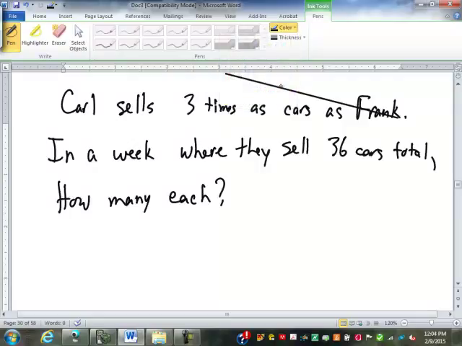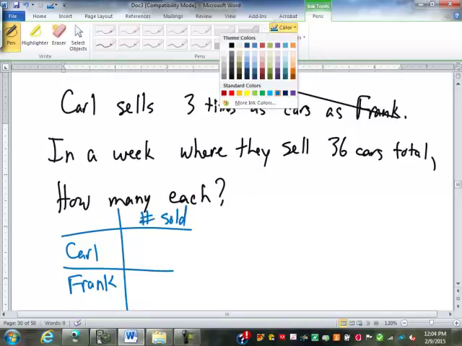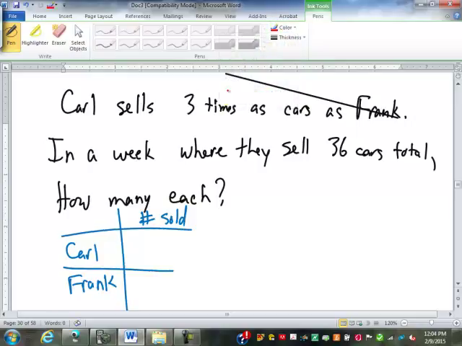So the key to these is defining our variables. We have Carl and we have Frank. And what we're looking for is the number of cars sold. Now there's 2 things we're looking for, Carl's sales and Frank's sales. But we don't want to have 2 variables because we don't know how to deal with 2 variables quite yet.